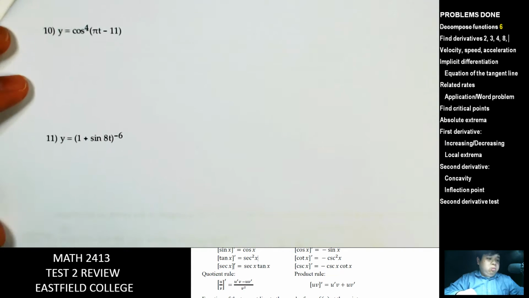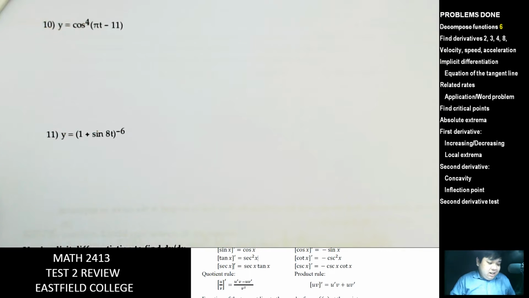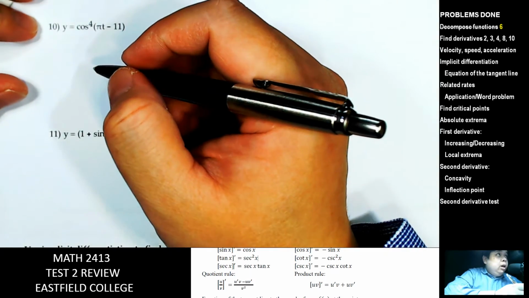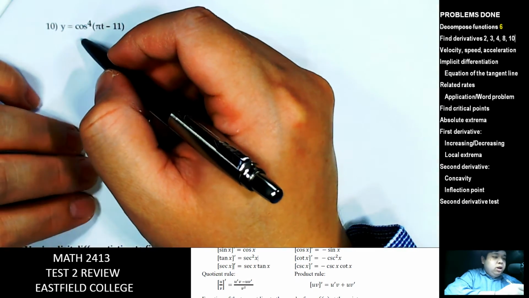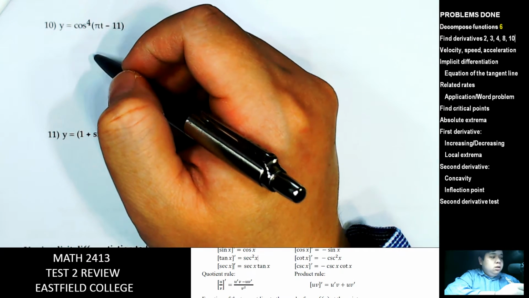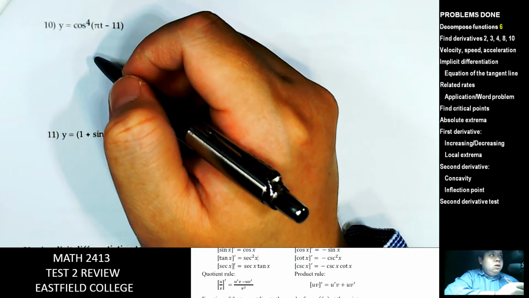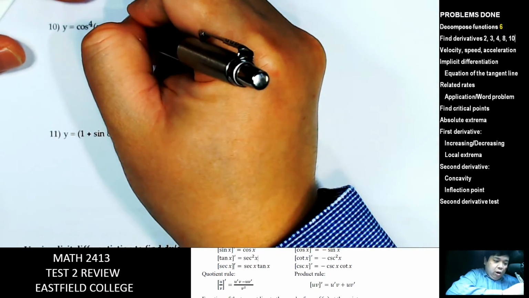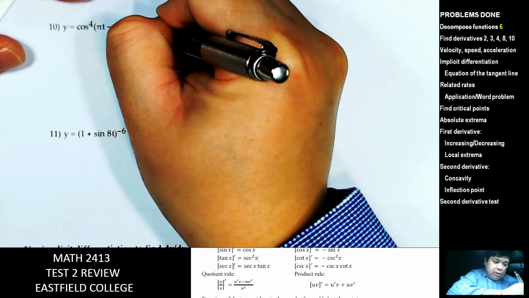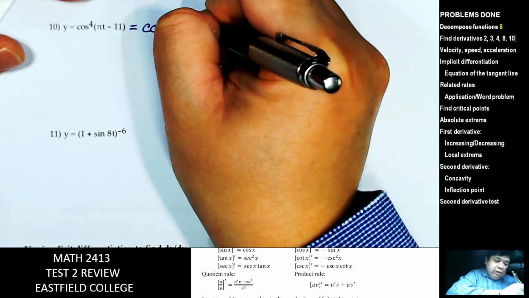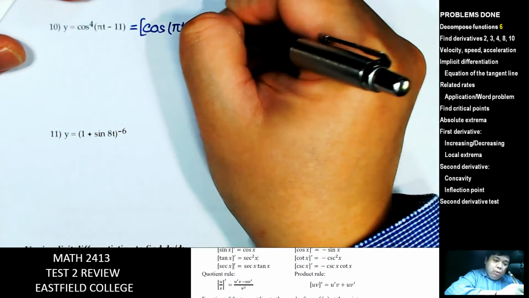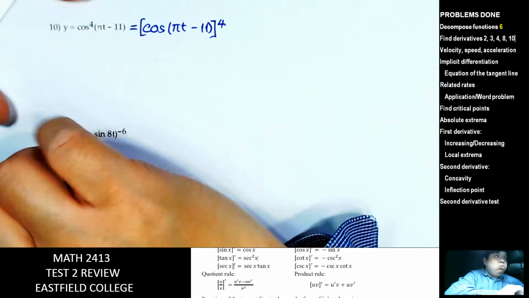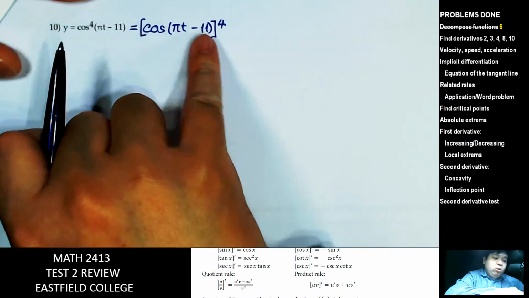Right, I'll do 10 and maybe 11. For this one, usually when we have a trig function that goes to a power like this, I will rewrite it as cosine of pi t minus 11 and then to the power of 4, because we need to calculate the trig function first and then we do the power.